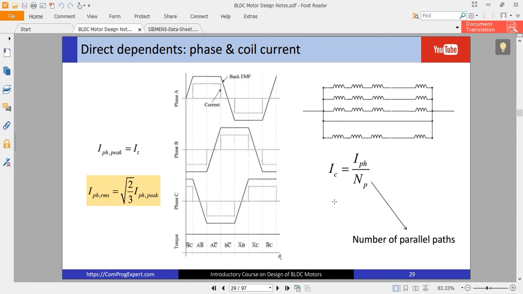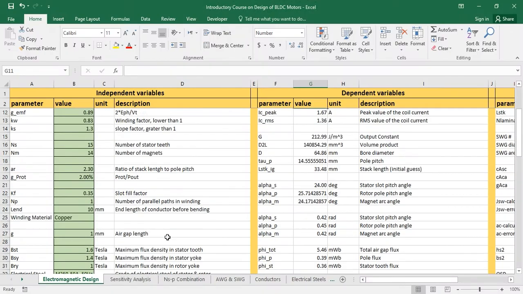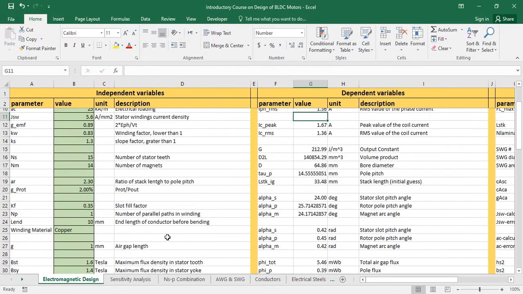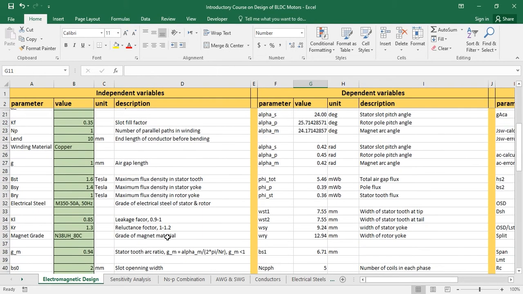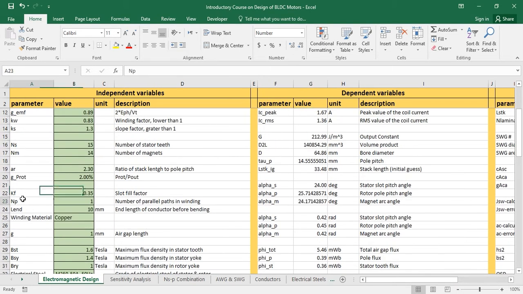So we distribute the current into a number of parallel paths. NP, you can see the value of NP here, this variable in a winding variable NP, number of parallel paths in winding.